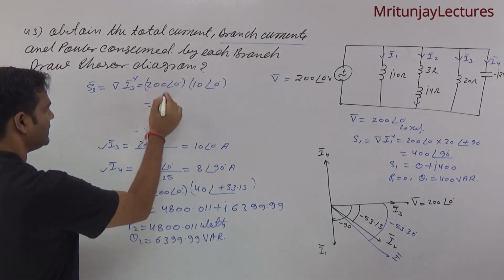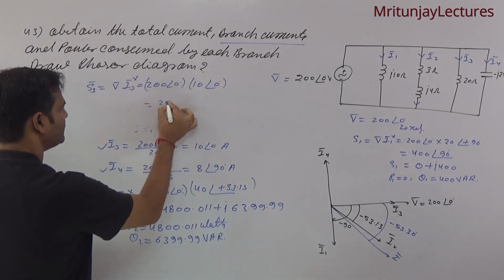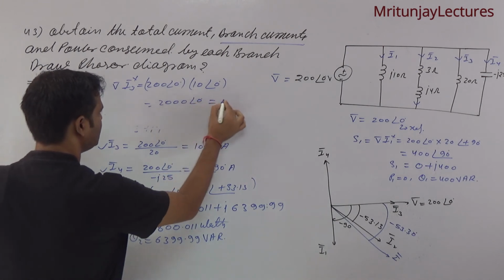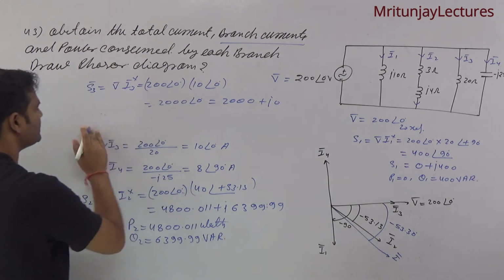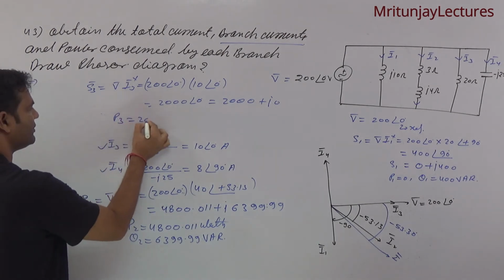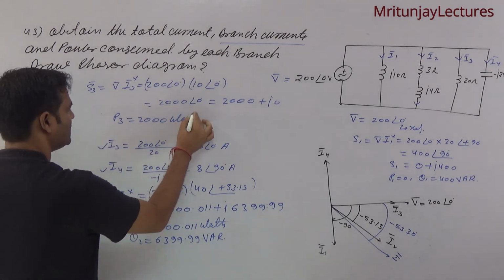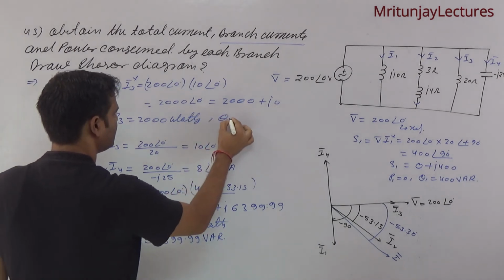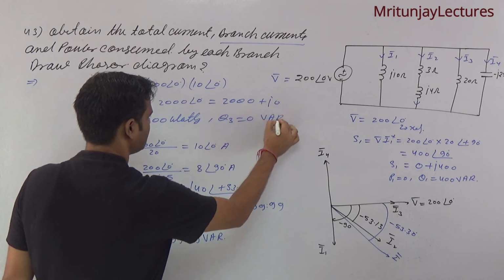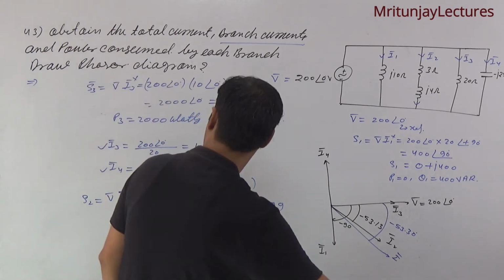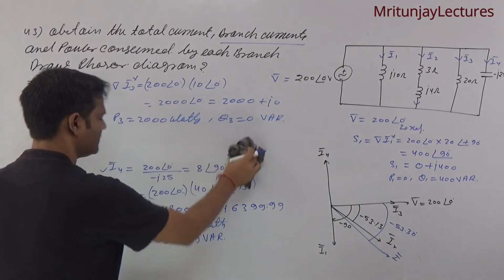We got 2000 at the angle 0. It is written as 2000 plus j0. So P3 is 2000 watt and Q3 is 0 VAR. Clear?